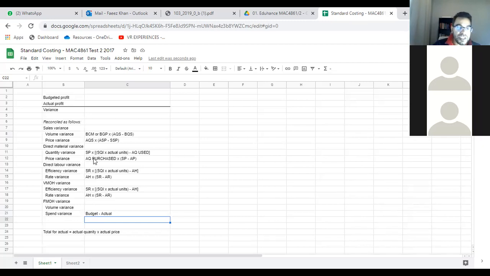So you just stick to budget; you don't flex the budget for fixed manufacturing overheads. Then the volume variance is basically fixed overheads applied minus budget.